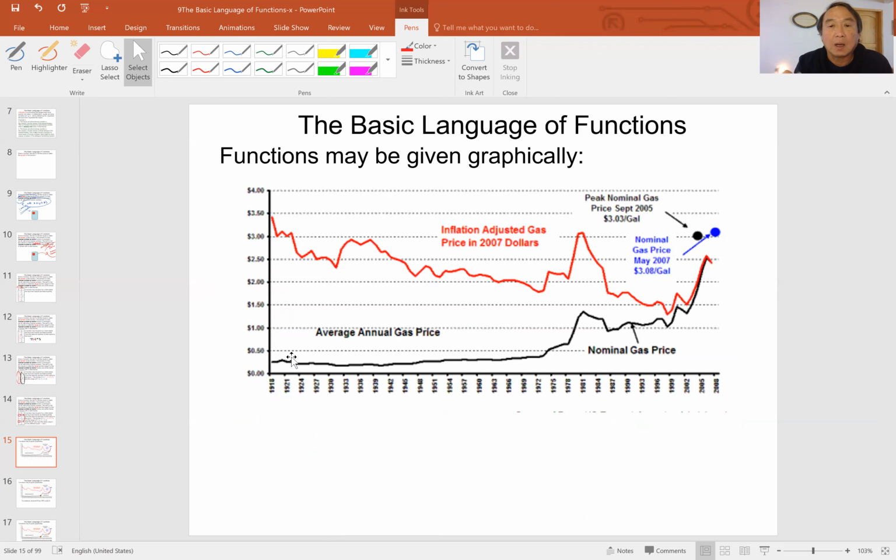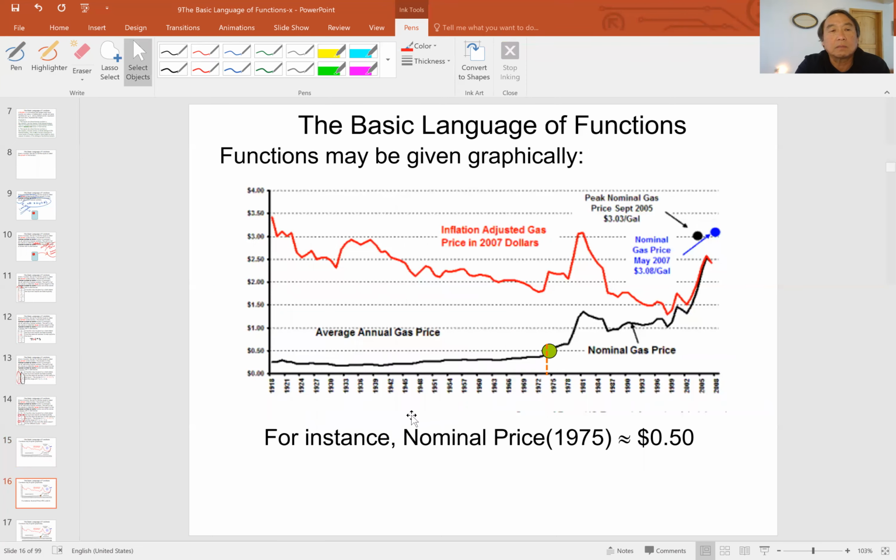Another way to express functions is shown in the picture. Say here are 2 functions. One's the black line, one's the red line, from 1910 to 2008. The bottom one shows the price you will see in the gas stations, 50 cents, and that's the nominal price.